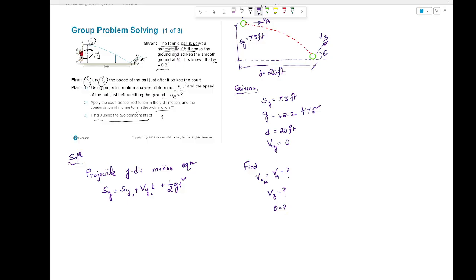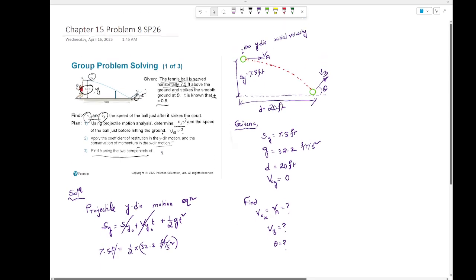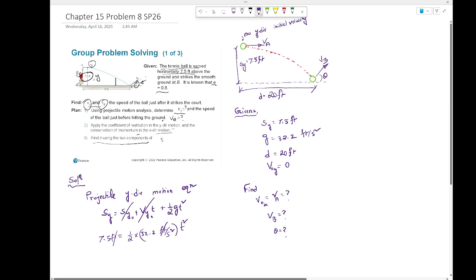Okay, so I'm getting the class note. So you have this 7.5. This is 0 equal, you can write it as feet here, and this is half of 32.2 feet per second square, right? And this feet will cancel out, and then you have this t. Obviously you have this t square here, right?